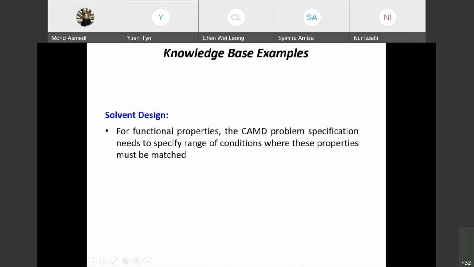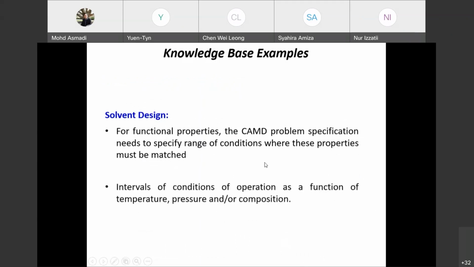So for the solvent design, CMD problems, we have to specify the range of the conditions where the properties must be matched. Interval condition of the operation as a function of temperature, pressure, and also composition. So this is how you design the solvent.